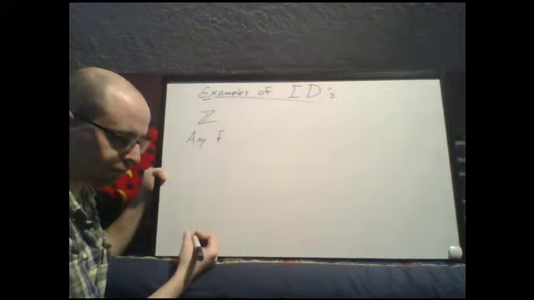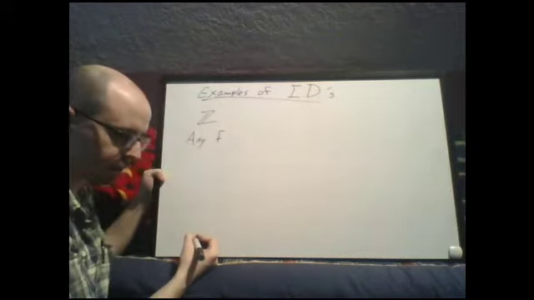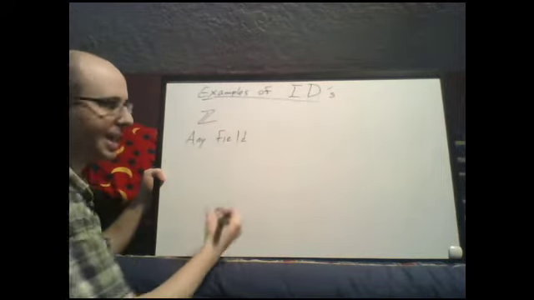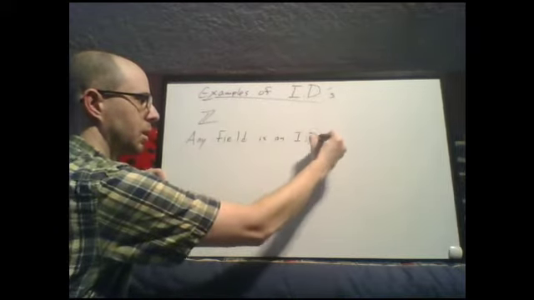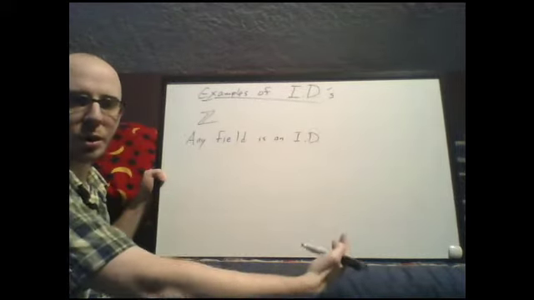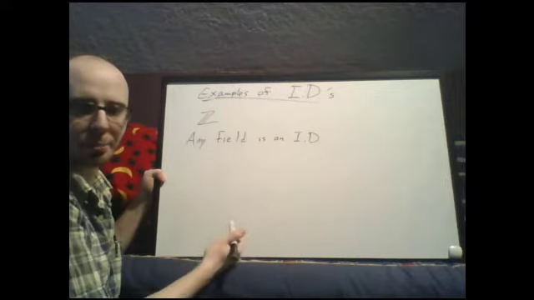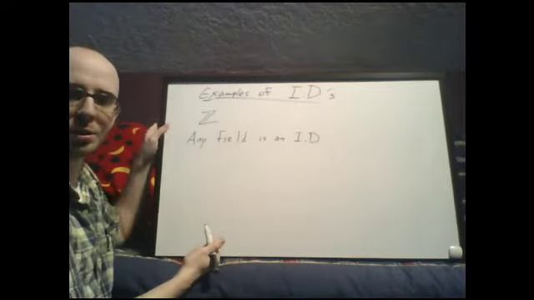I'll maybe prove this separately, but let me just mention it. Any field is an integral domain. So a field is a stronger condition than being an integral domain. If it's a field, it's automatically an integral domain, not vice versa. So Z is an example of an integral domain that's not also a field.